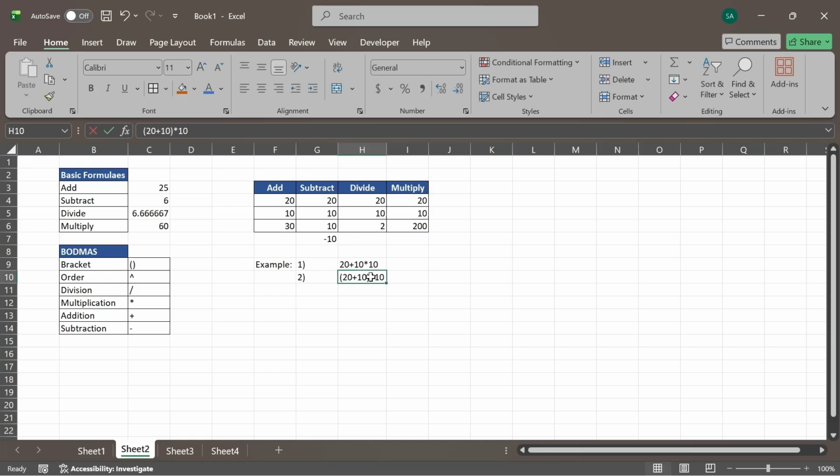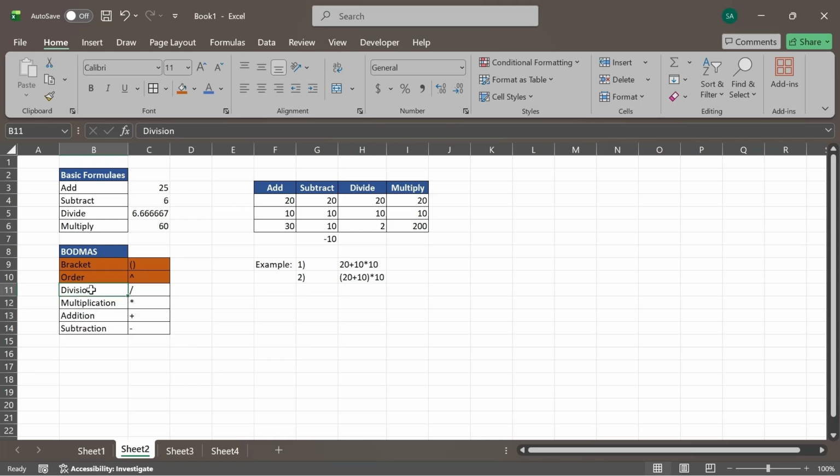So whatever the equation is coming inside the bracket will be given the first preference. So if we have this kind of equation, just ignore these two as of now, right? We will see only these four operators.